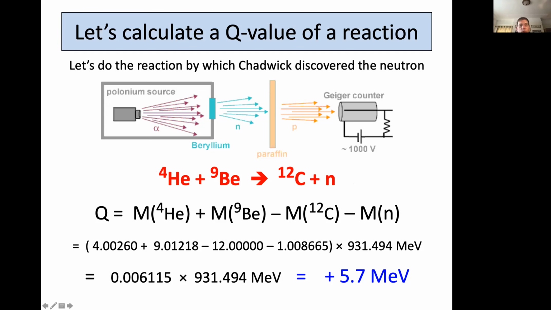I go to the Brookhaven database, go to my other table where they're actually listed in AMU, and 4.0026 plus 9.01218 minus 12 exactly minus 1.008665, multiply by the definition of an AMU, and you come out with a small positive number of something close to 6 MeV.